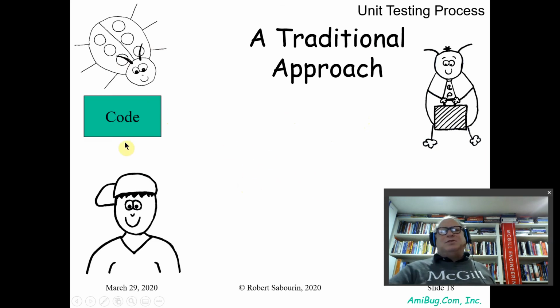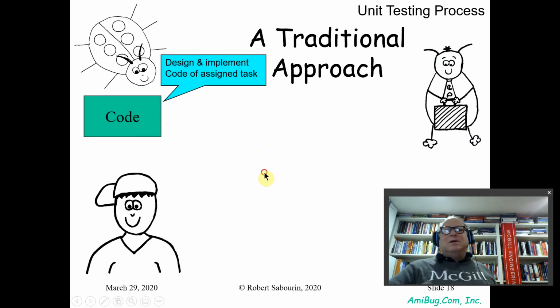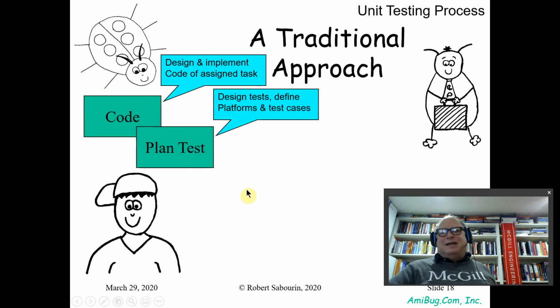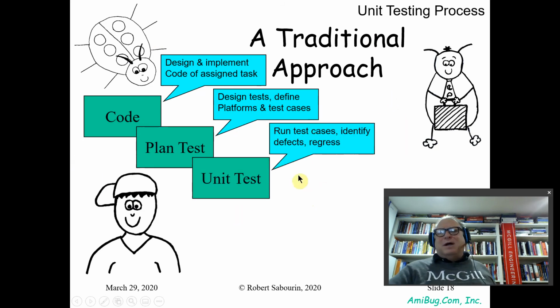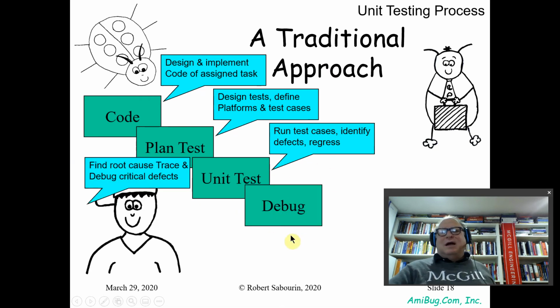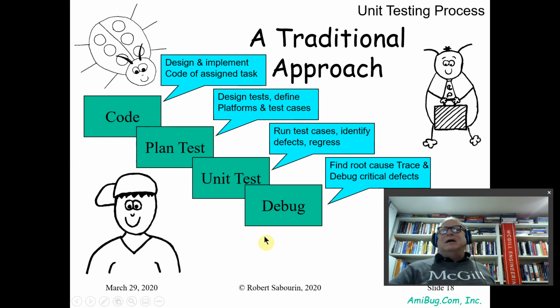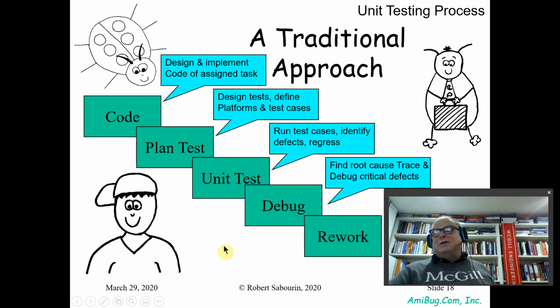So the traditional approach is to write the code, to plan the tests, so to figure out what are the risks you want to study, platforms you want to study, conditions you want to study. Then basically run tests, identify defects, regress, debug and troubleshoot critical defects, and rework the code.